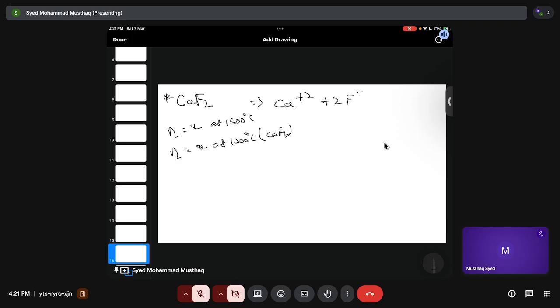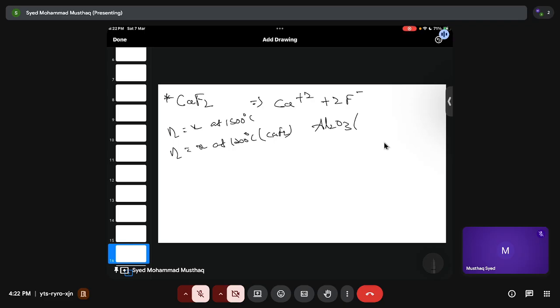Again, alumina. Al2O3 is amphoteric. So it can act as a network breaker in acidic slags. And you need to make sure that this alumina can act as a network former in basic slags, so that thing needs to be taken care of.